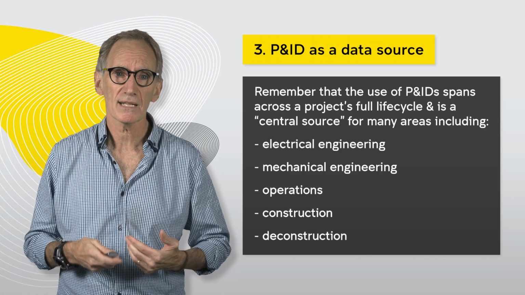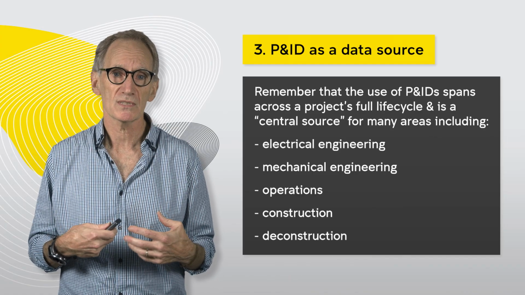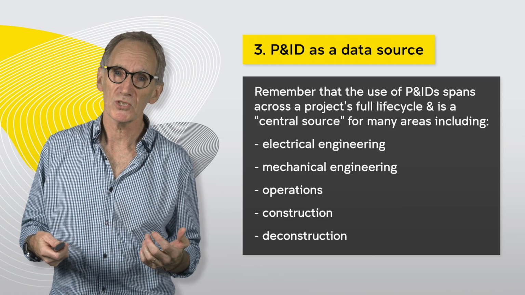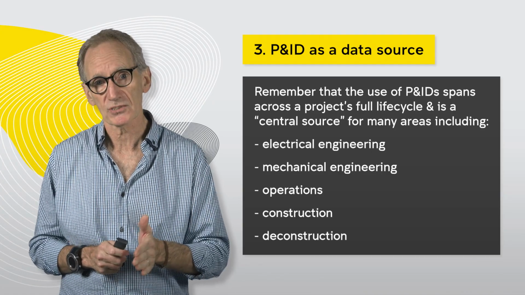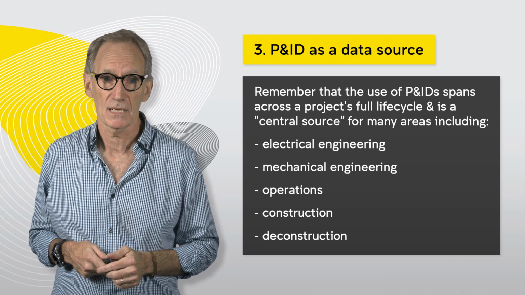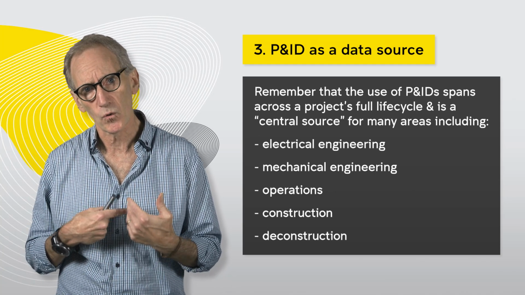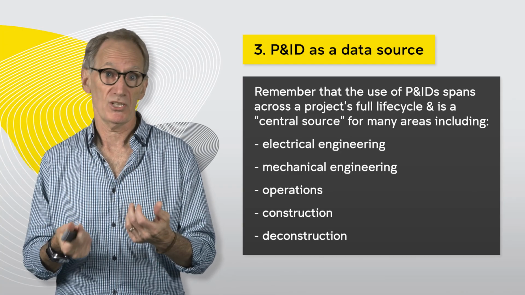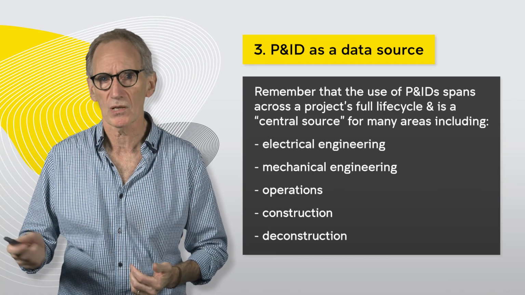We need to recognise this as we put our P&IDs together, and remember that we're producing something that's not just a process engineering document, it's a document that's going to be used by everybody who works on the project, from the day that it starts construction to the day that it finishes and gets deconstructed. So P&ID is really central, understanding that and thinking about all the uses of a P&ID, not just the initial design, what size pipes are we going to do, but all through the life cycle.